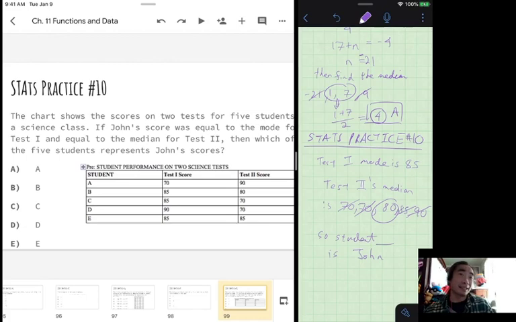Any other guesses? Nice. Student B is in fact who John is, because he's the one that has test score 1 of 85, and the median for test score 2 is 80. So that's B.